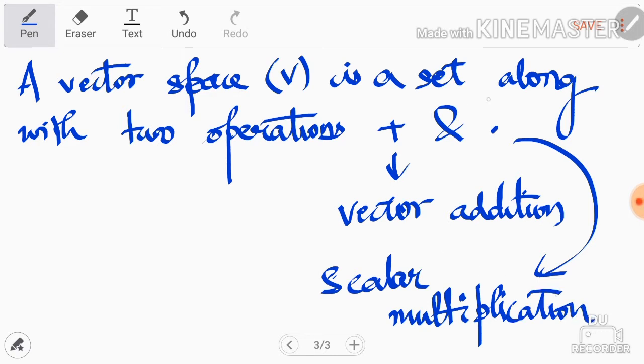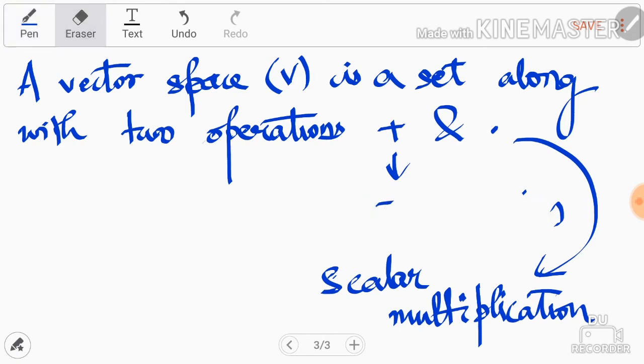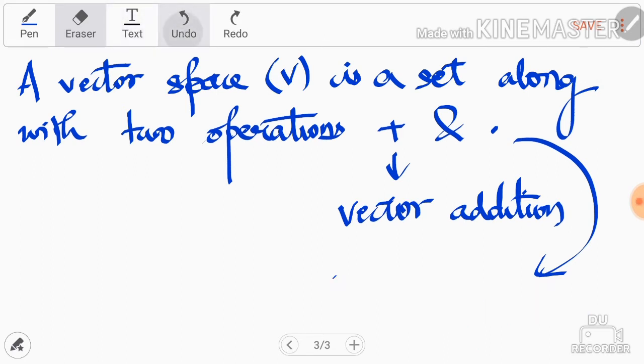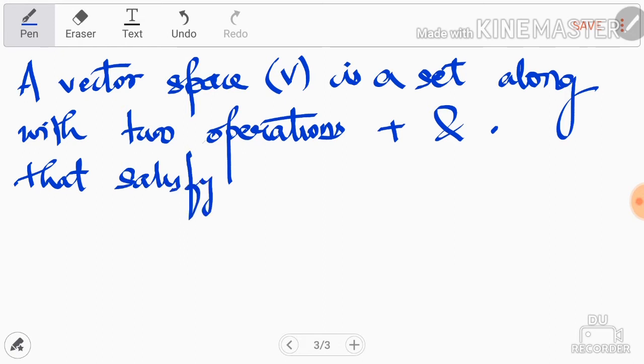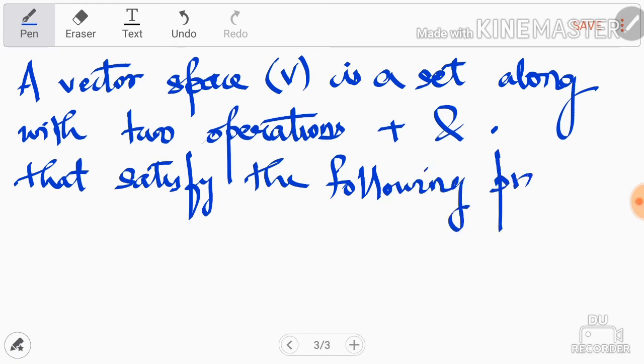So a vector space V is a set along with two operations, vector addition and scalar multiplication, that satisfy a few properties. Okay, let's see what the properties are. That satisfy the following properties.